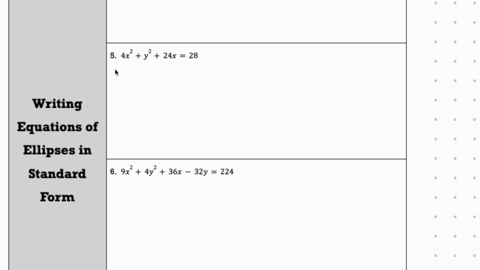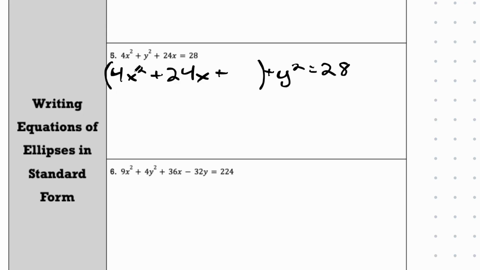So we're going to have 4x squared plus 24x plus something, and I'm going to leave it blank, plus y squared equals 28. And so what I want to do is make this into a perfect square.